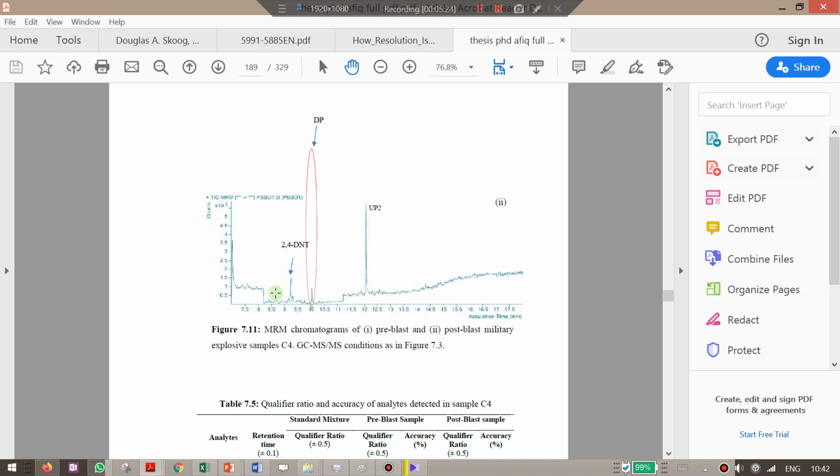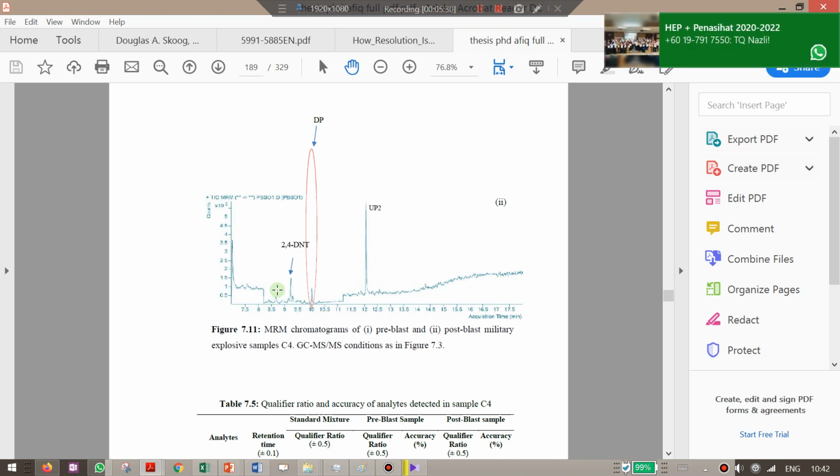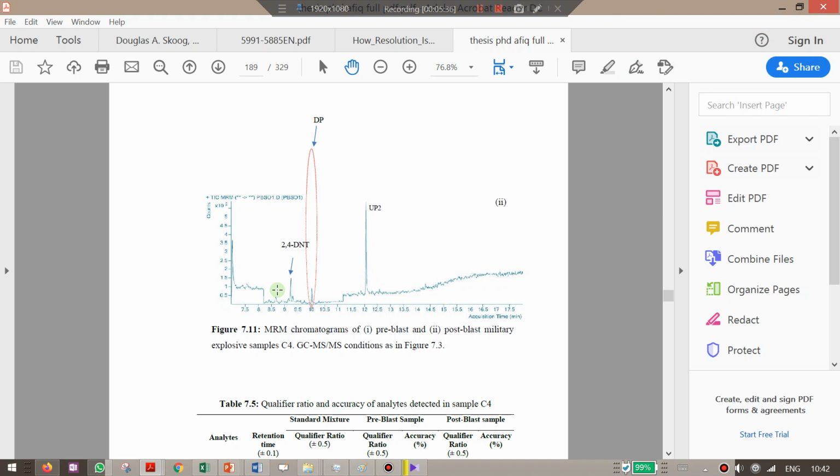Again, it is not impossible that, having chosen the precursor ion for our compound of analysis, the other unknown compound that we don't want also has the same precursor ion. And it is not impossible as well that the other compound with the same precursor ion will also produce the same fragment ion, or daughter ion.